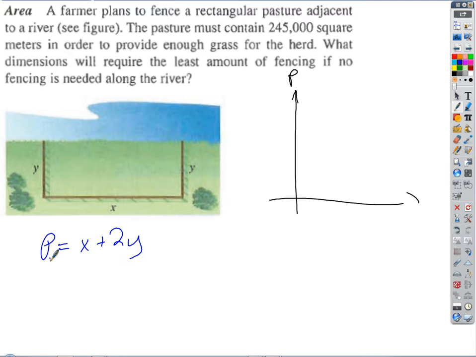Okay, so the area. Yeah, the area must contain 245,000 square meters. So that gives us another piece of information to work with, right? That's a second equation. It constrains the problem a little bit, right? So what's the advantage of that? Well, first of all, how would I use that in an equation?